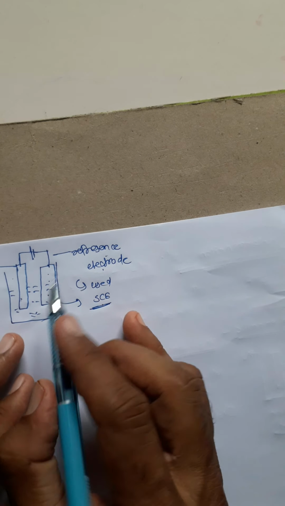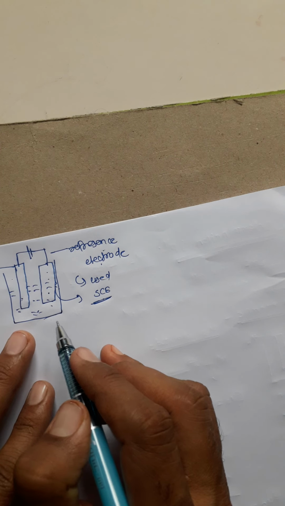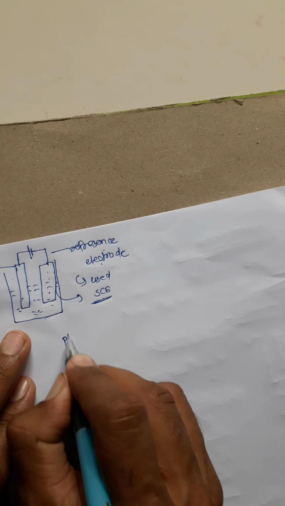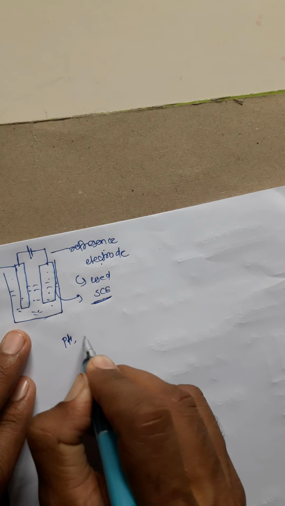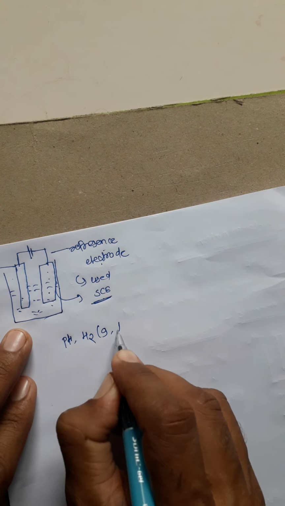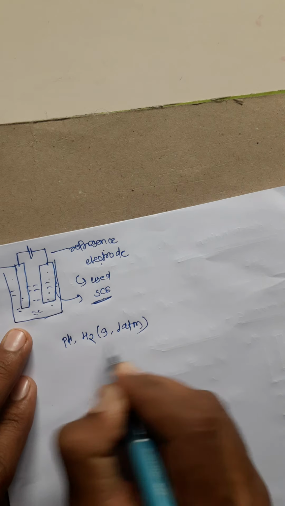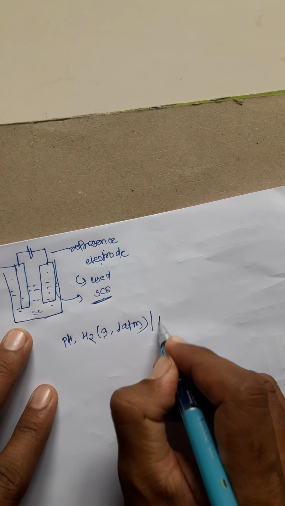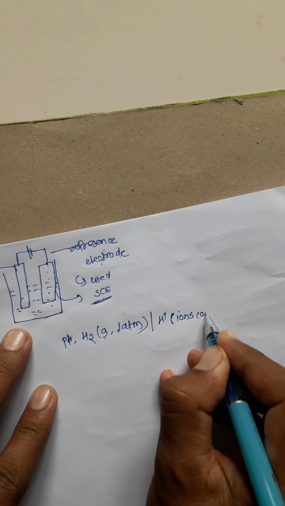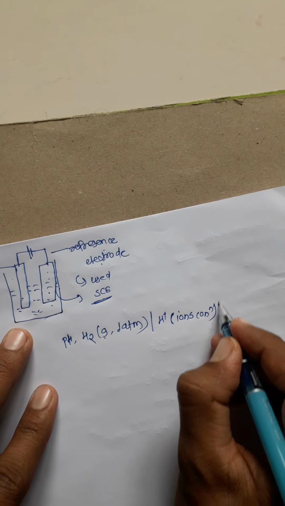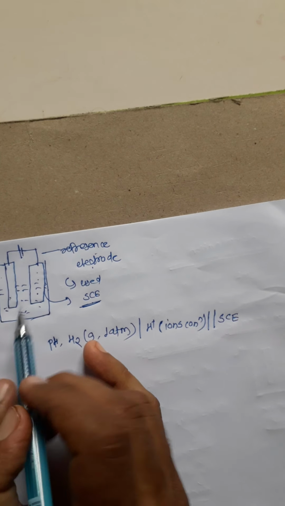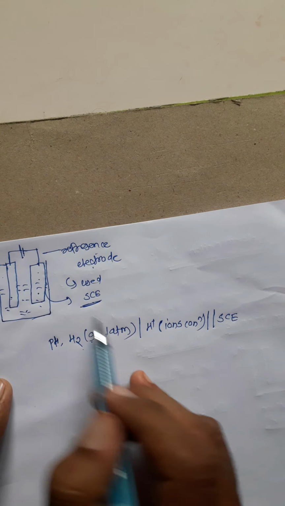Then how do we represent this cell? Platinum electrode, H2 gas at 1 atmosphere, where g means gas. Then the H plus ions concentration, and a double slash, then the saturated calomel electrode. This is the representation of this cell.